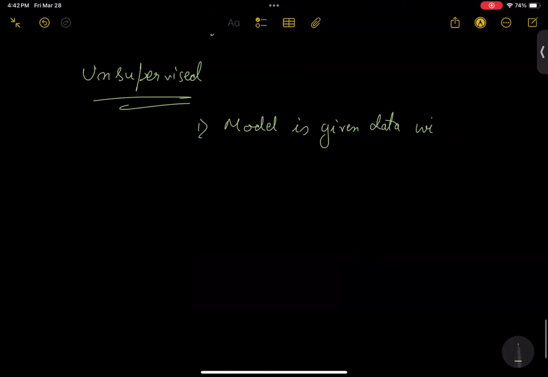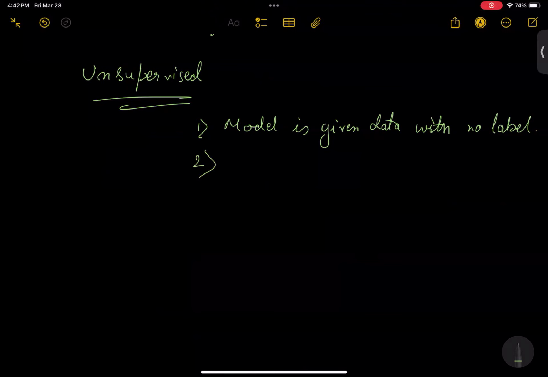In unsupervised learning, what is the process? The main thing is that the model is given data with no labels. I'm not saying that this is red, this is yellow, this is green.